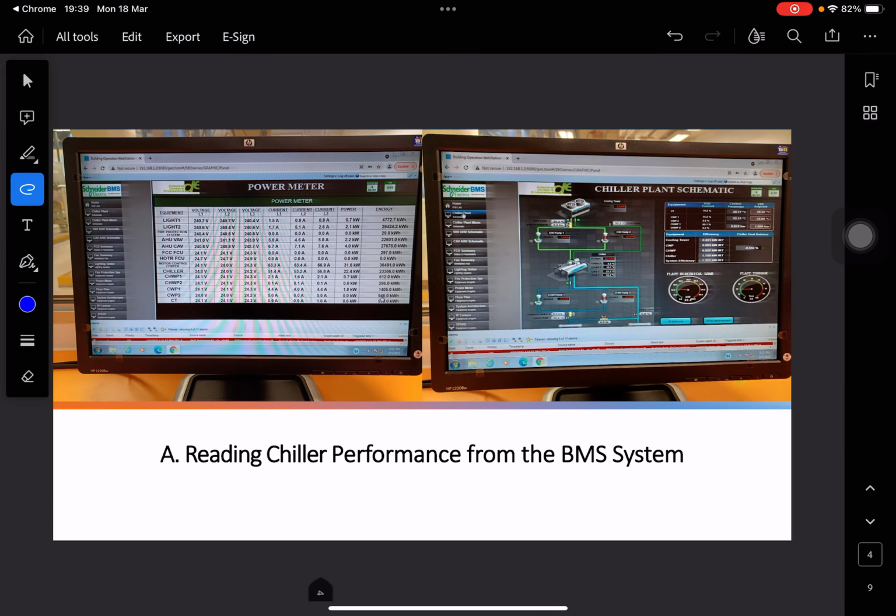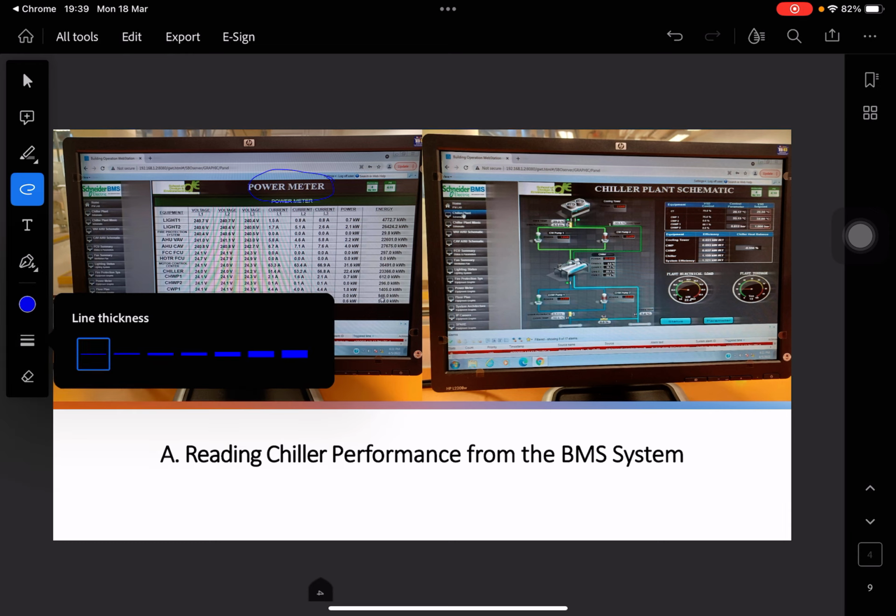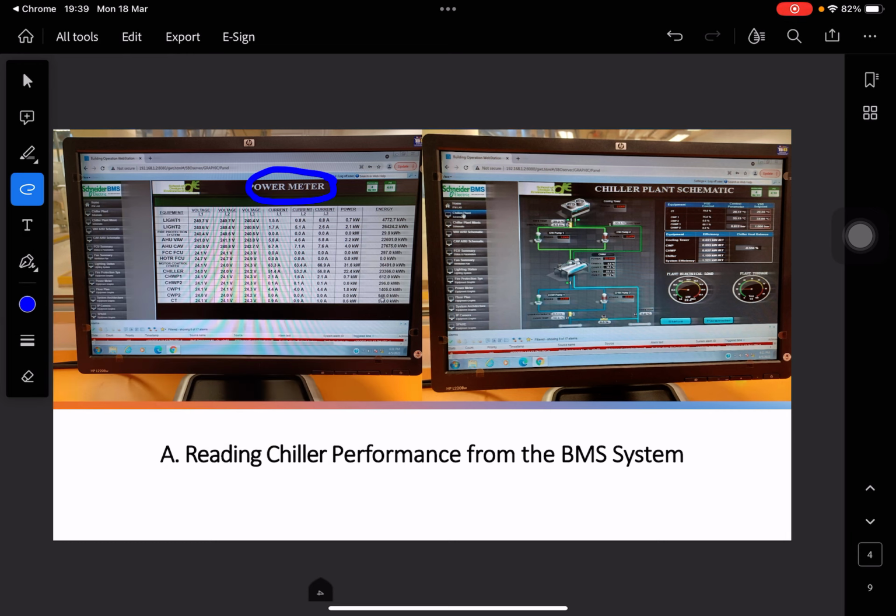So when you're reading the chiller performance data from the BMS, this is what you can see from the power meter, where there is power that you are able to see, and from there you can see the different powers in the different ratings, three voltages.